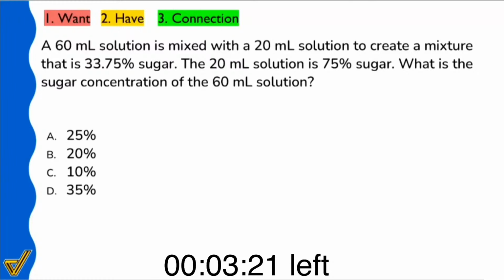Again, this one's slightly different, but if you've been paying attention to the setup, this is the same exact problem.